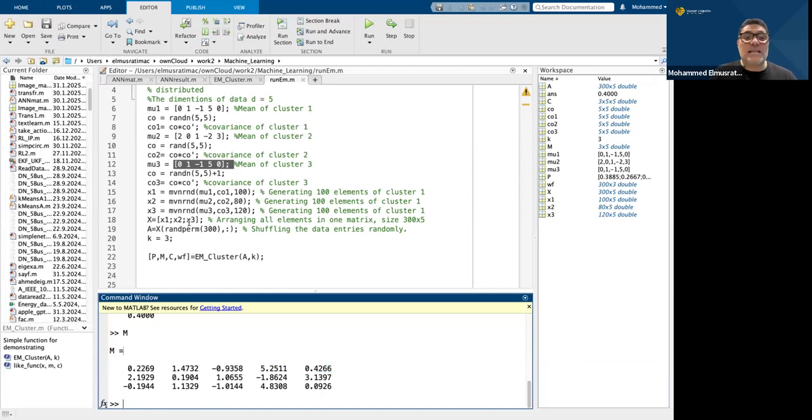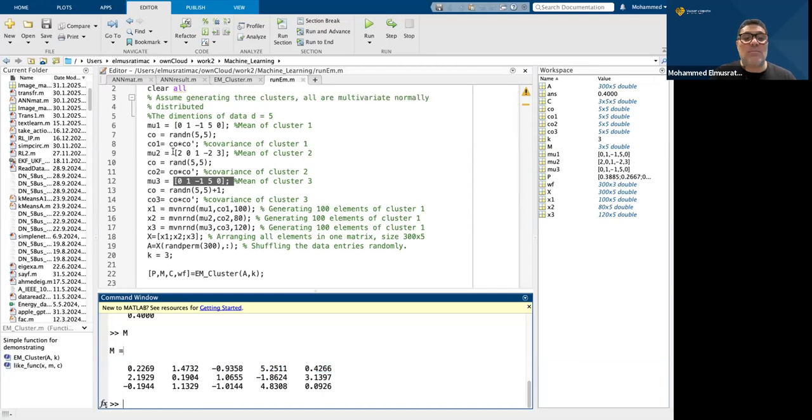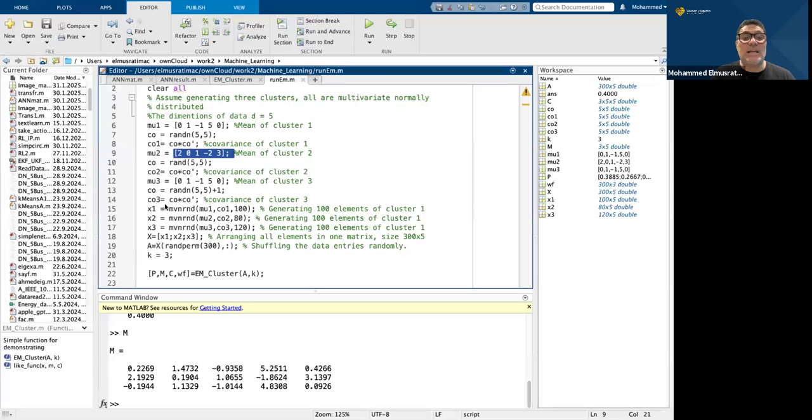For the second cluster, which should be the same, what we generated, the mu is 2. The calculated mu in my code is 2.19, 0 is 0.19, 1 is 1.06, minus 2 is minus 1.8, 3 is 3.13. Actually, amazing.